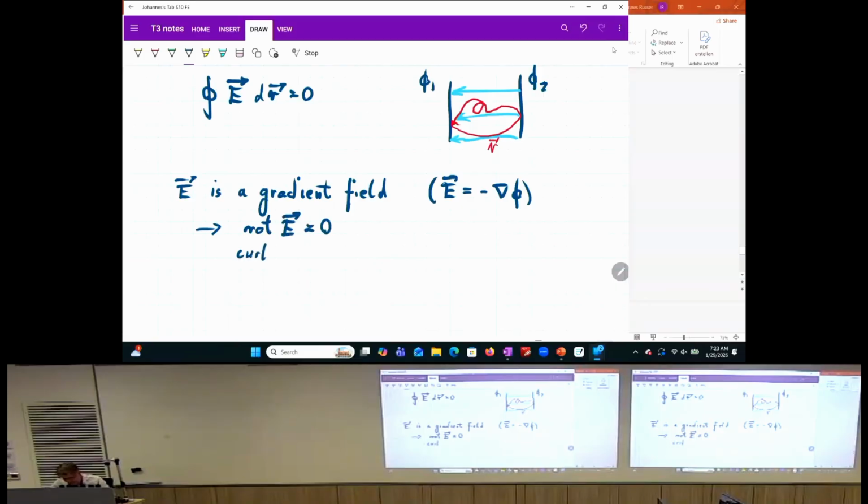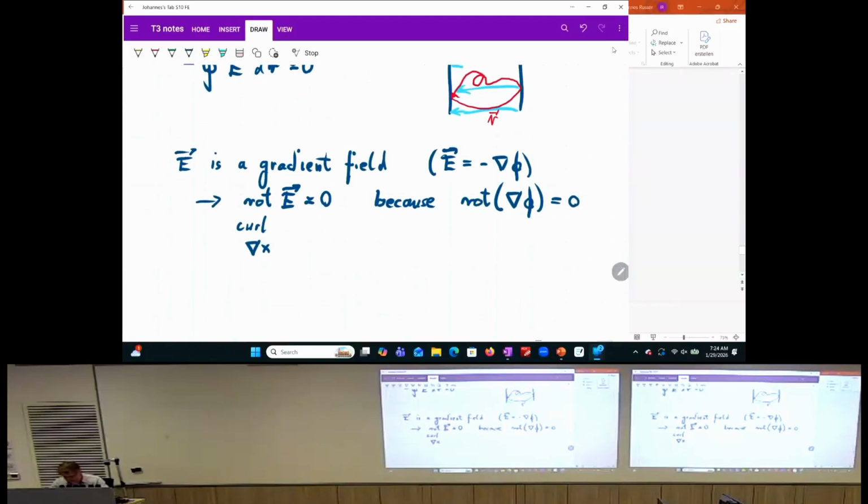No difference at all. But be prepared, because some books use the rotation, some use curl, or you can use the Nabla operator. This is all the same. And the rotation or the curl of the gradient of the scalar potential is vanishing.